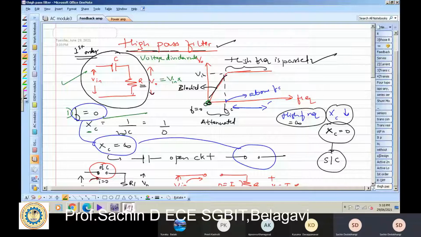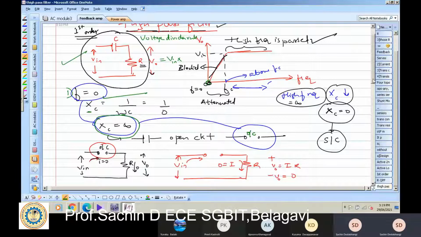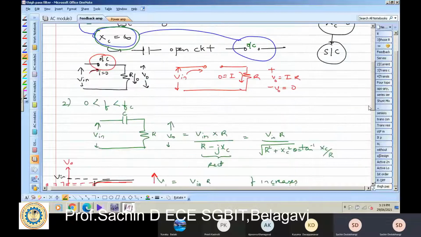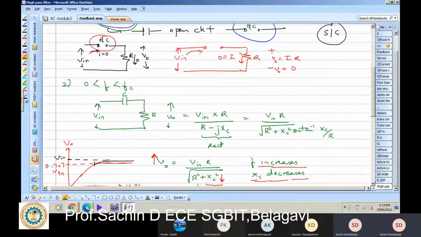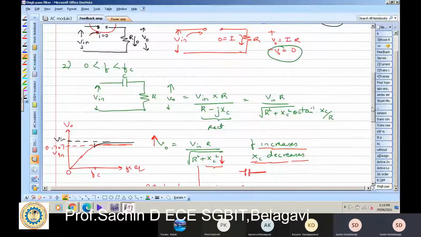So XC is infinity. Capacitive reactance is infinity, which means it is not allowing the current to flow through it. If it is not allowing the current, it will act as an open circuit here. So I replaced the capacitor by an open circuit. So what did we get as output voltage? Output voltage is 0.